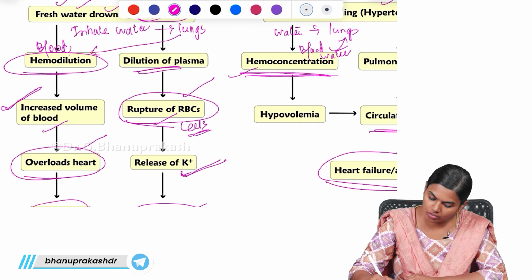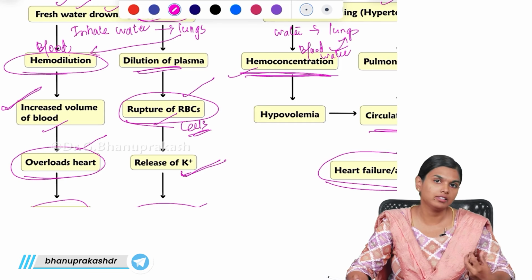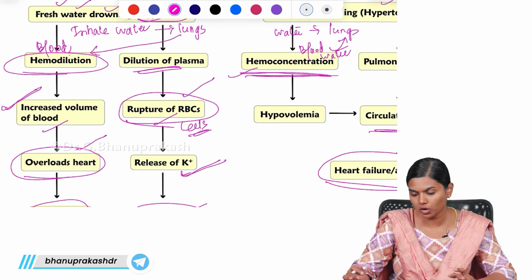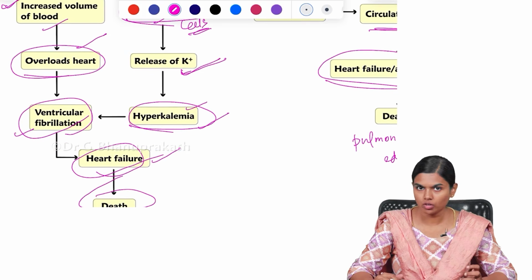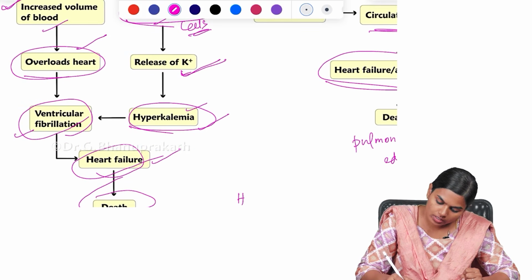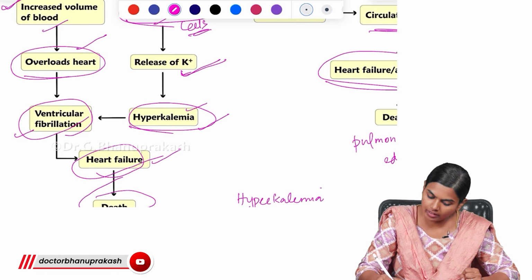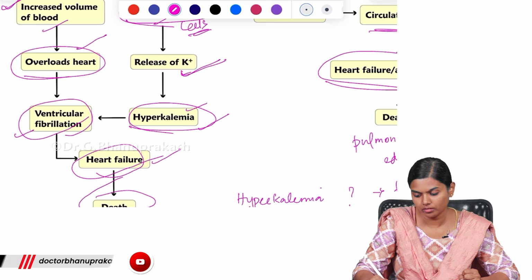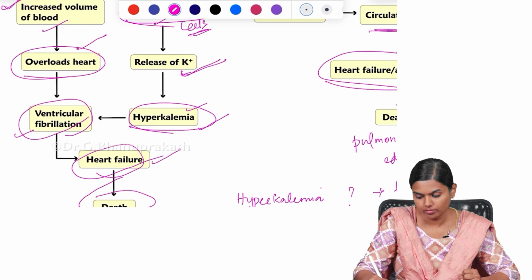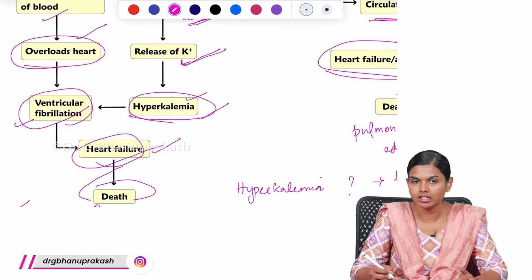So, here the death is mainly due to pulmonary edema. So, freshwater, it is arrhythmia. Saltwater or seawater, it is pulmonary edema. And what they will ask you is, hyperkalemia in which drowning?